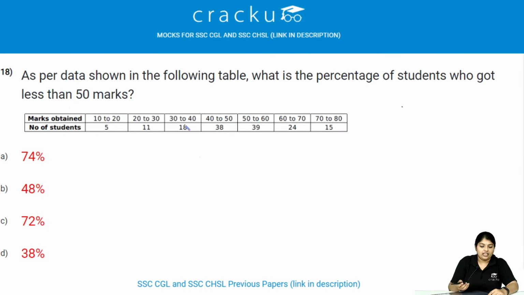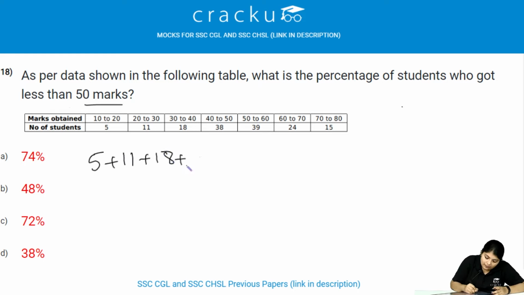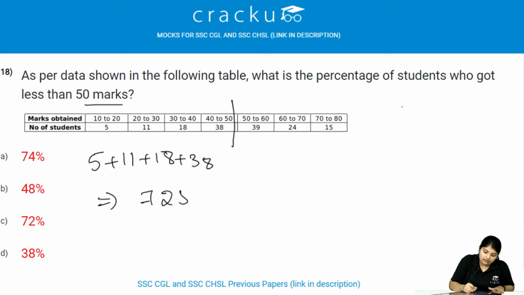Let us see this question now. As per the data shown in the following table, what is the percentage of students who got less than 50 marks? Let's see how many students got less than 50 marks. 5 plus 11 plus 18 plus 38 till here. So these are 72 students.